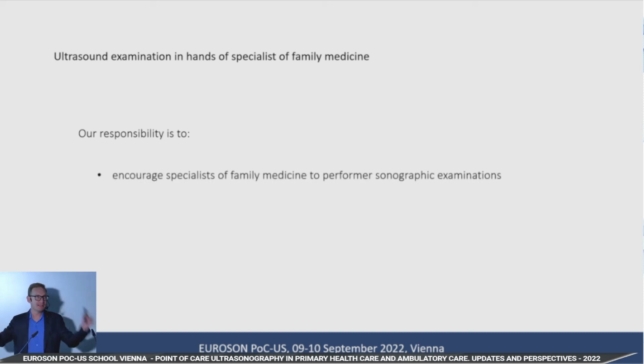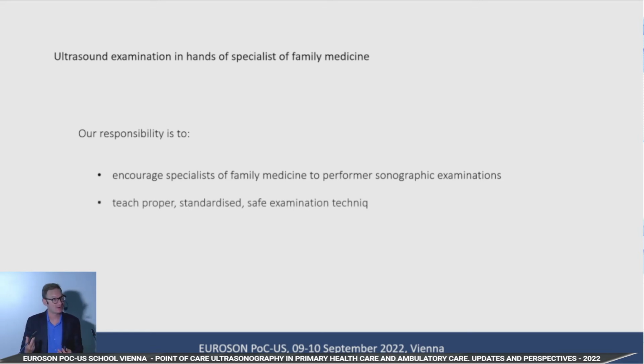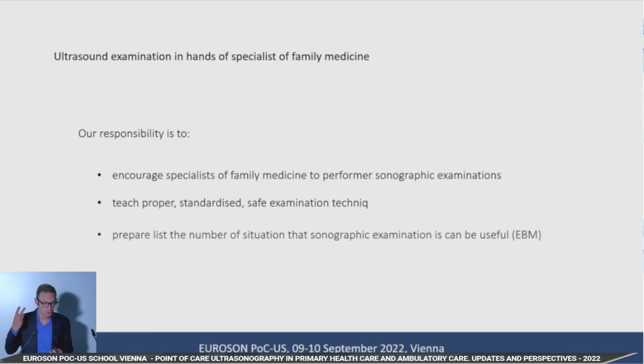And if we meet here, thanks to Dr. Mihail Jakob, we need to think about it as a lecturer's responsibility to encourage specialists of family medicine to perform sonographic examination, but as well as teach them the proper, standardized, safe examination technique, to prepare the list of number of situations that sonographic examination can be useful.